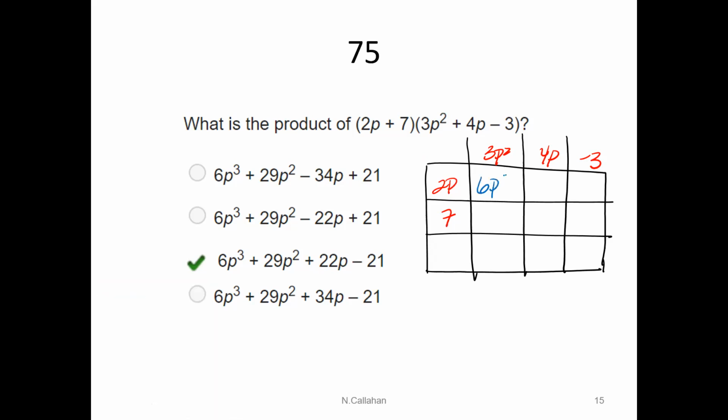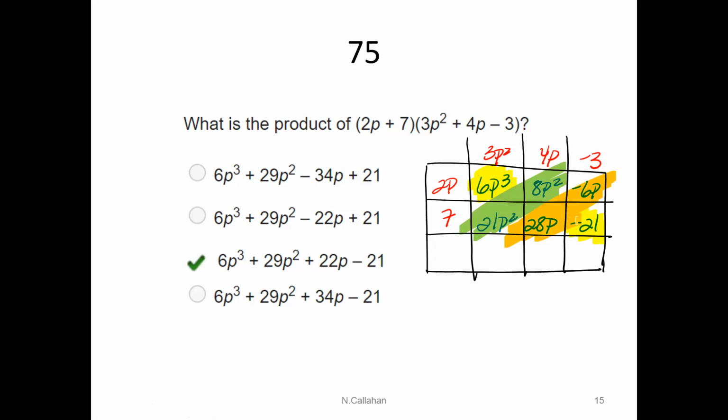First one, 6p to the third, because there are 3 p's right there. 2 times 3 is 6. 2 times 4 is 8, and it's a p squared because there are 2 p's there. 2 times -3 is -6, and there's only 1 p, so I'm going to put that p right there. All right, next, 21p squared, 28p, -21. And just like what we said before, which one is going to be your first answer and your last answer? Which one is going to be your middle answer and your second middle answer?